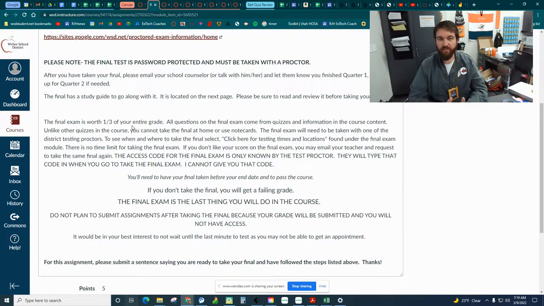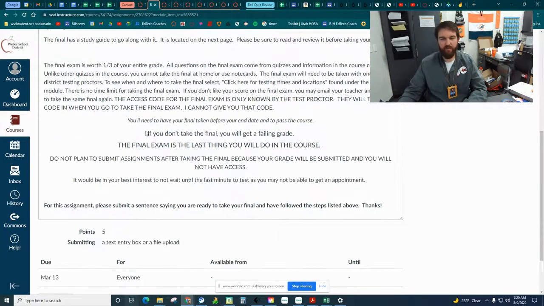All of the questions are from quizzes in the course content, so you can have access to review those quizzes. Hopefully, Miss Campbell has given you those rights to access that. You cannot take the final at home or use note cards, so make sure that you're aware of that. And just make sure you follow these directions.